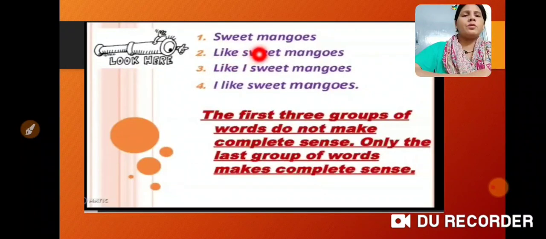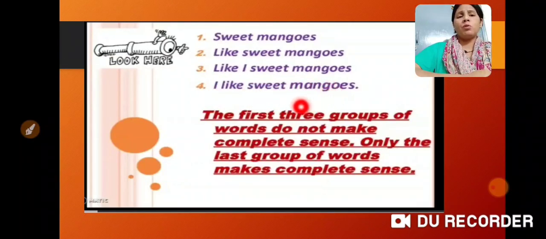First is sweet mangoes and second is like sweet mangoes. Third, like I sweet mangoes. And the fourth one is I like sweet mangoes.